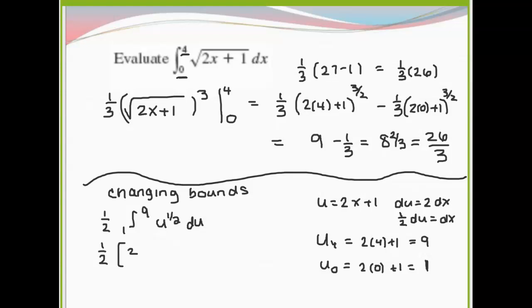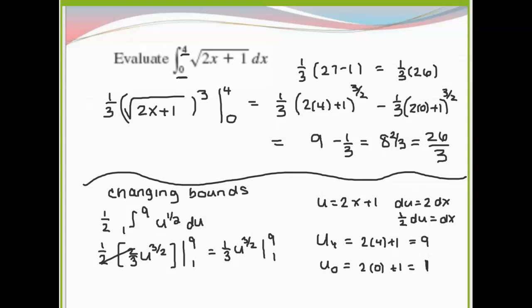u to the 1/2 becomes 2/3 u to the 3/2, bounded from 9 to 1. 1/2 times 2 cancel, and you get 1/3 u to the 3/2 bounded from 9 to 1.